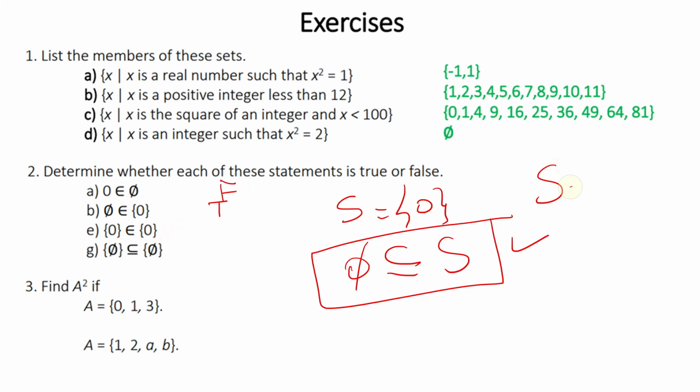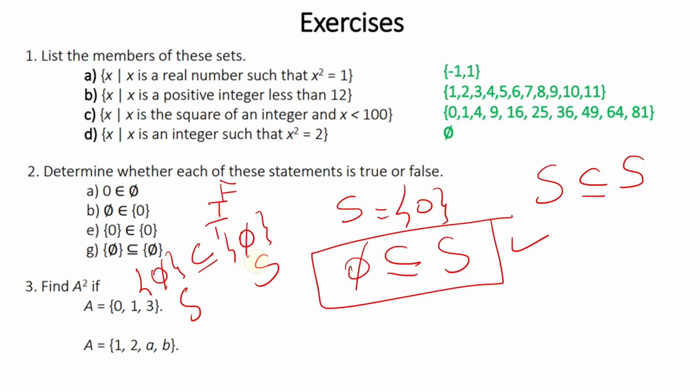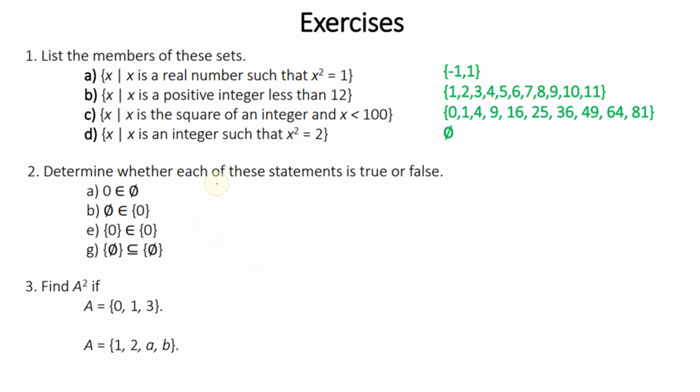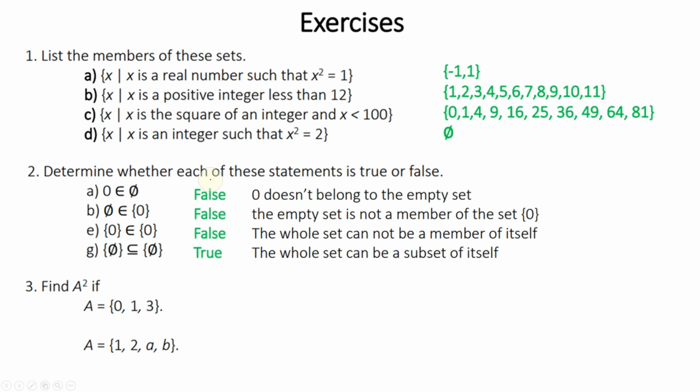Yes, because S is a subset of S, so this is true. How about a set that has an empty set? Is it included in a set that has an empty set? Again, S is a subset of S, which is also true. So it's going to be false, false, false.